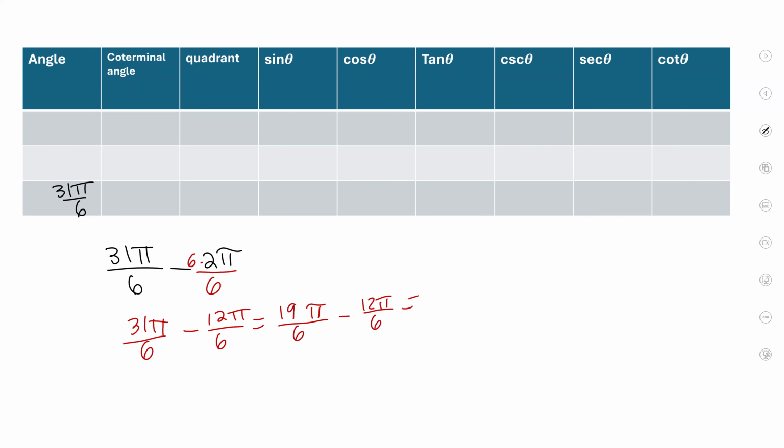So this becomes what? 7 pi over 6. Let's try to deduct it again. If I deduct it again, won't I get a negative? We don't want negative pi, so I'm going to stop right here. This is my coterminal angle. So my coterminal angle is 7 pi over 6.